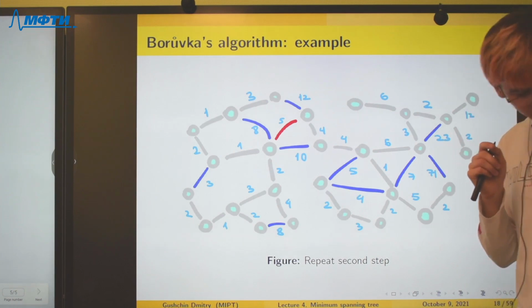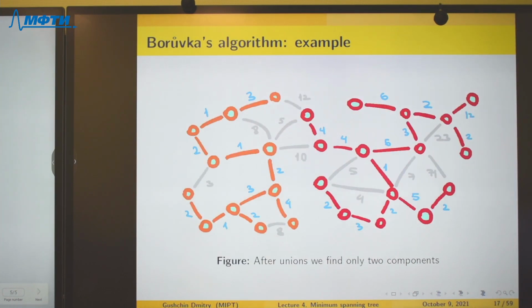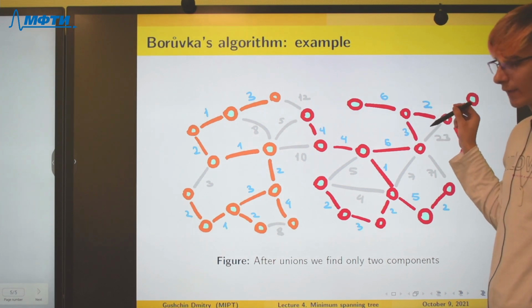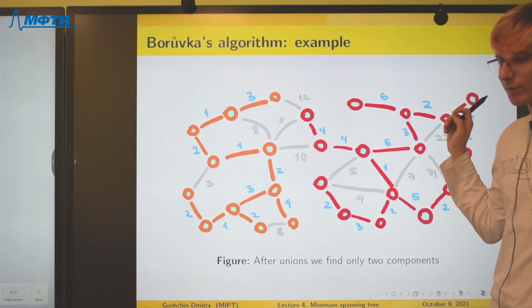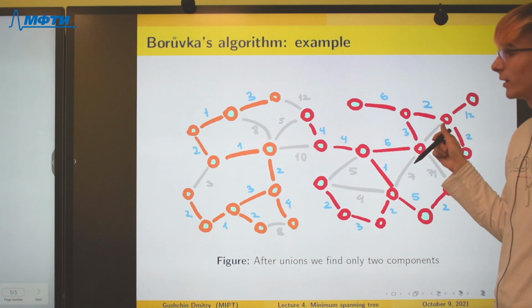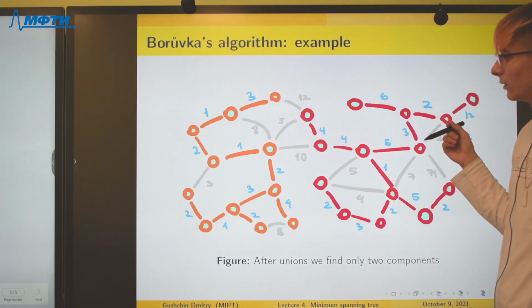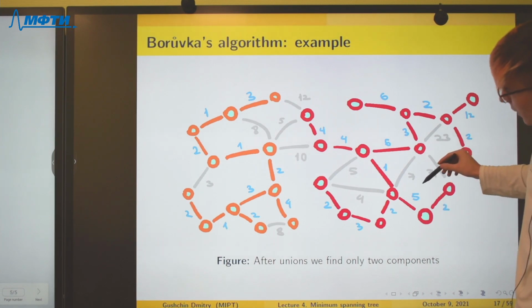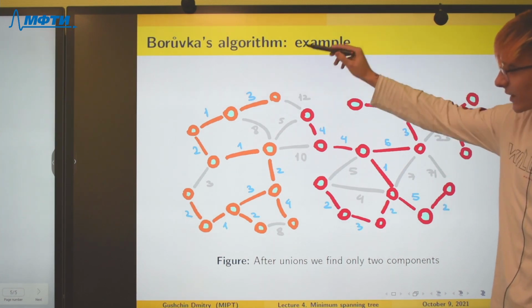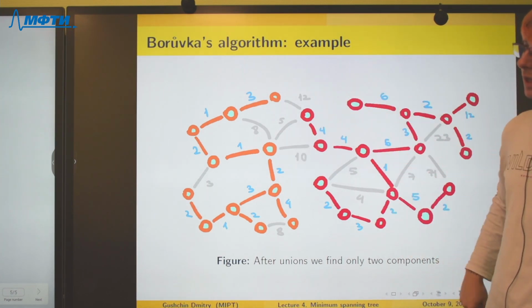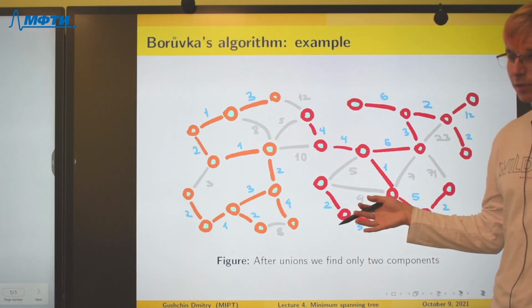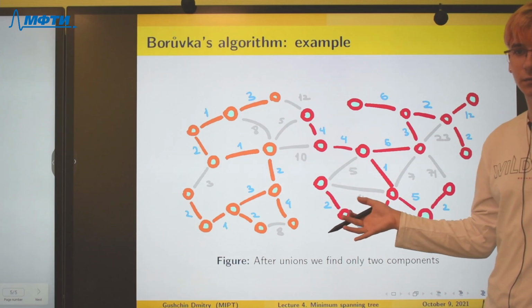And about an important data structure that we can use in this algorithm and other algorithms connected with the cut property. If we have some set, for example a set of vertices, we can divide it into disjoint subsets.